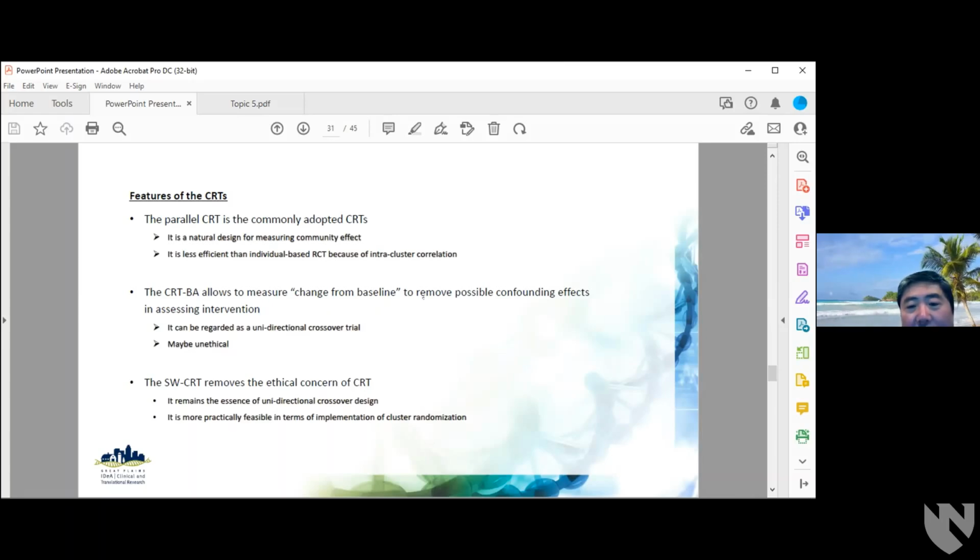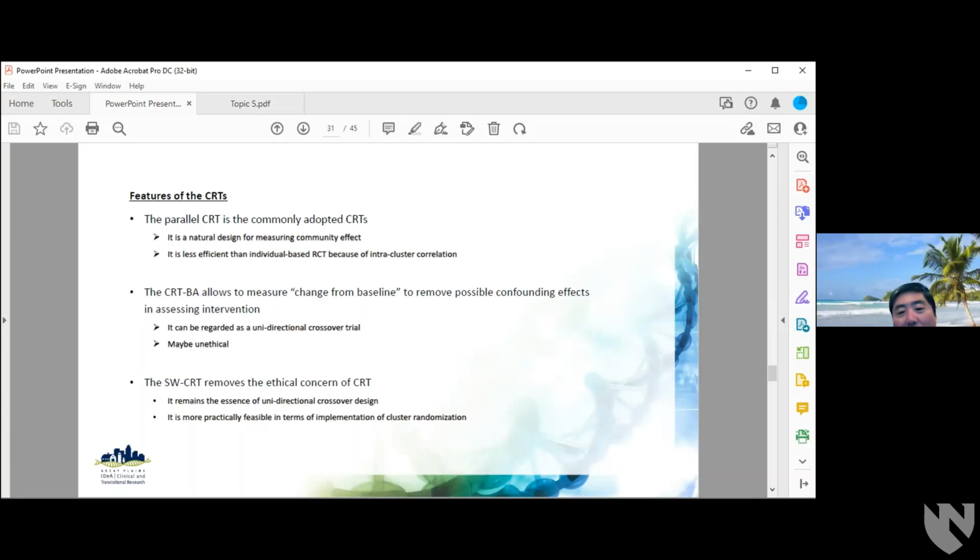CRT-BA allows the measurement of change from baseline. The upside of this design is that it removes potential confounding effects in assessing the intervention, because everybody starts from control. So we're looking at the change within the cluster. This is sometimes called a unidirectional crossover trial.